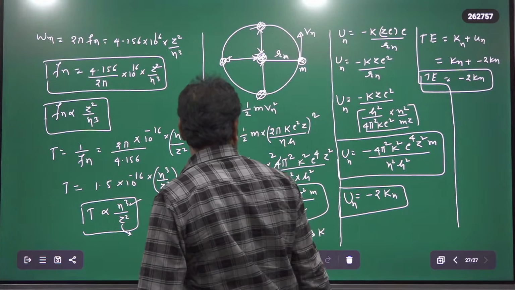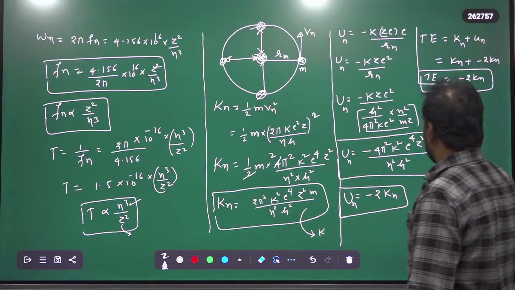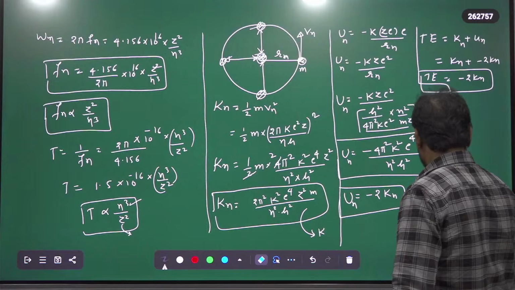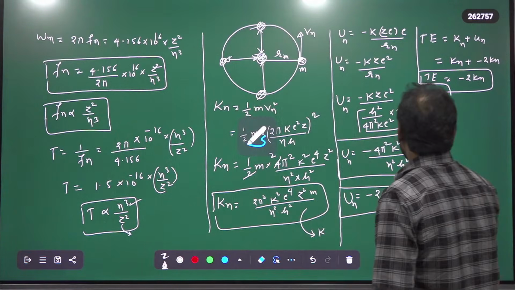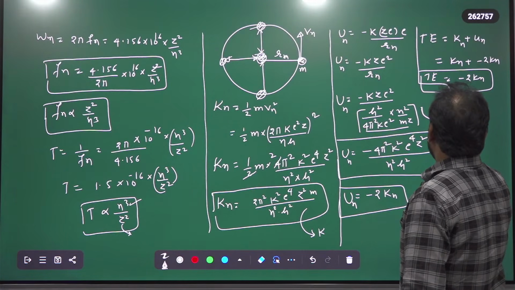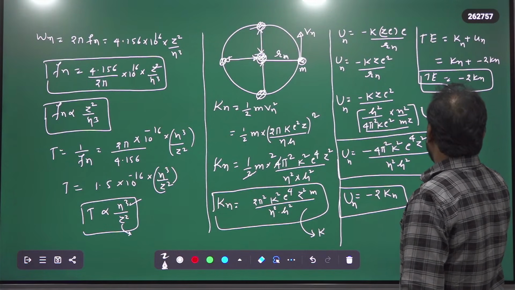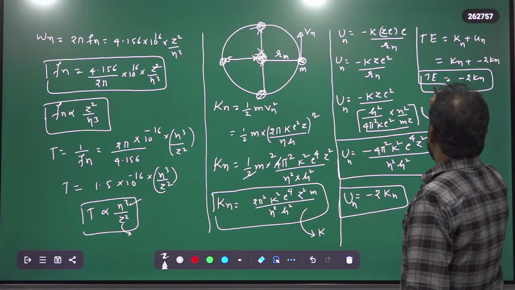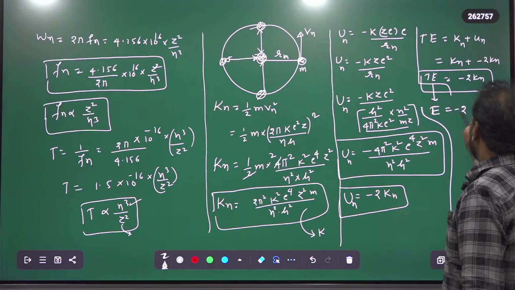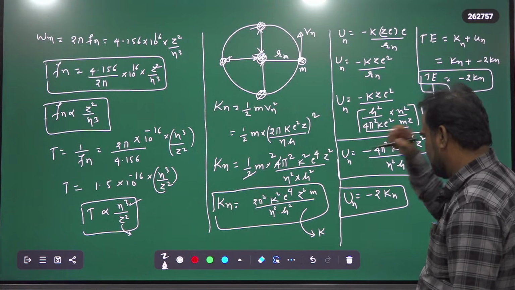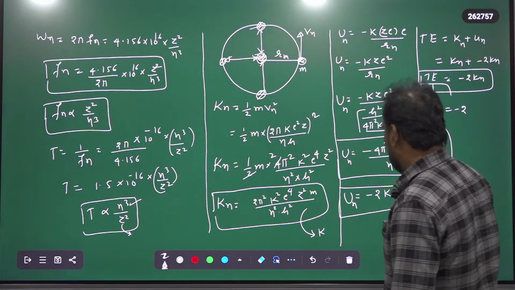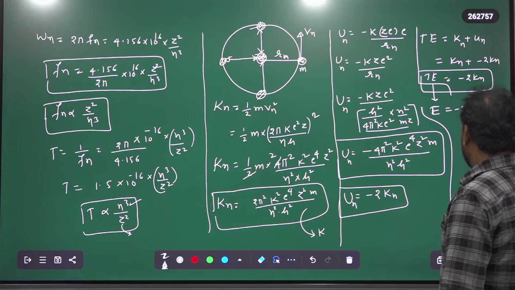The total energy of the electron can be written as Te, or delta E, is equal to minus 2 into Kn. What is the Kn value? This total value is minus 13.6.